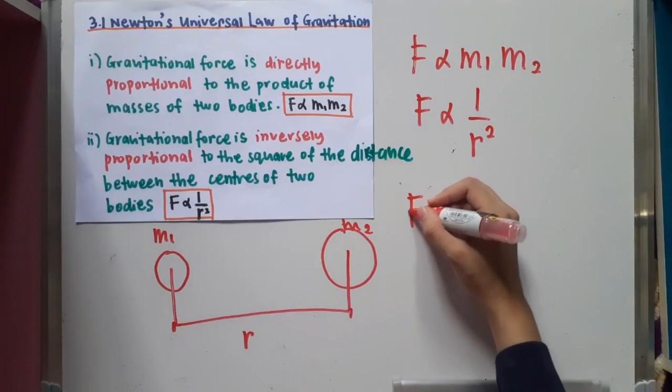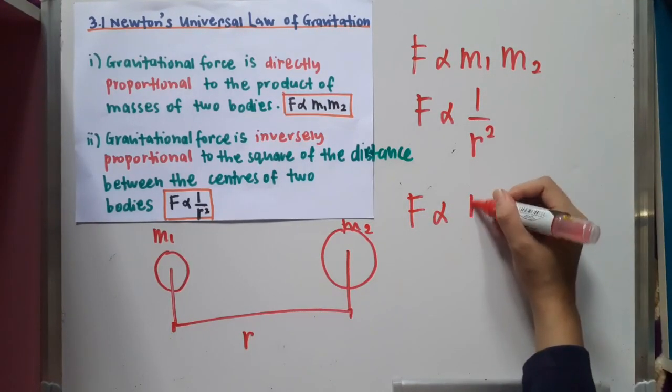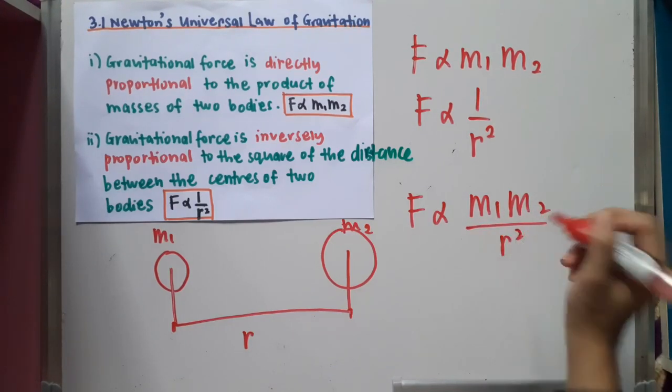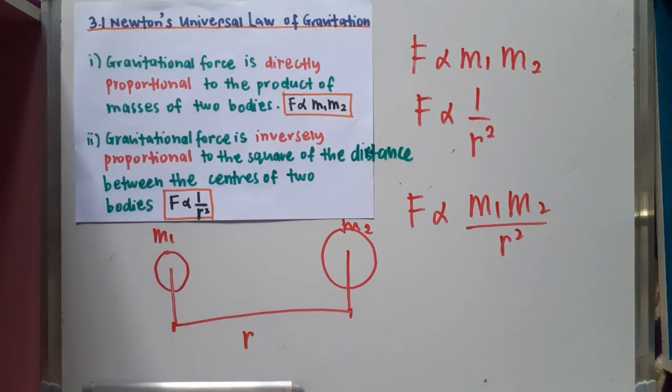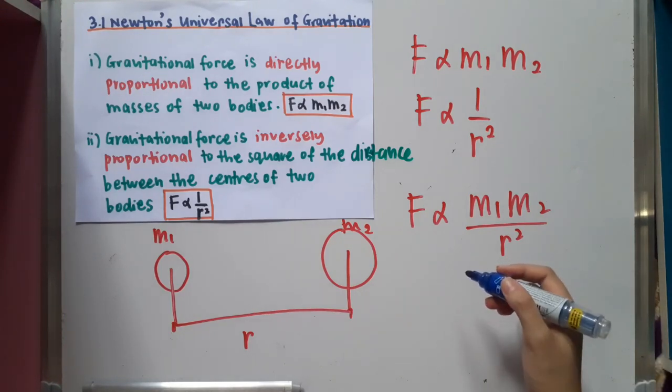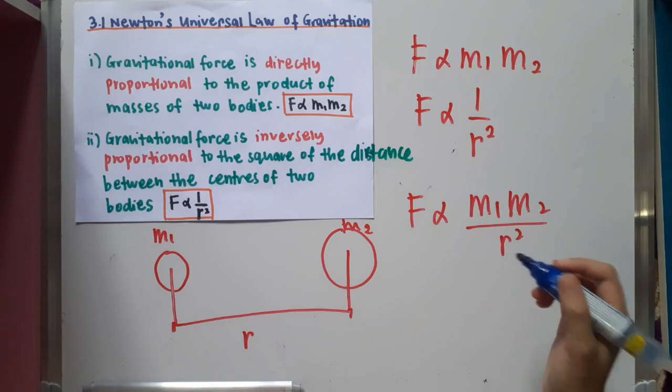Then we have F is directly proportional to m1 times m2 divided by r square. But Newton added the G value, which is the gravitational constant.